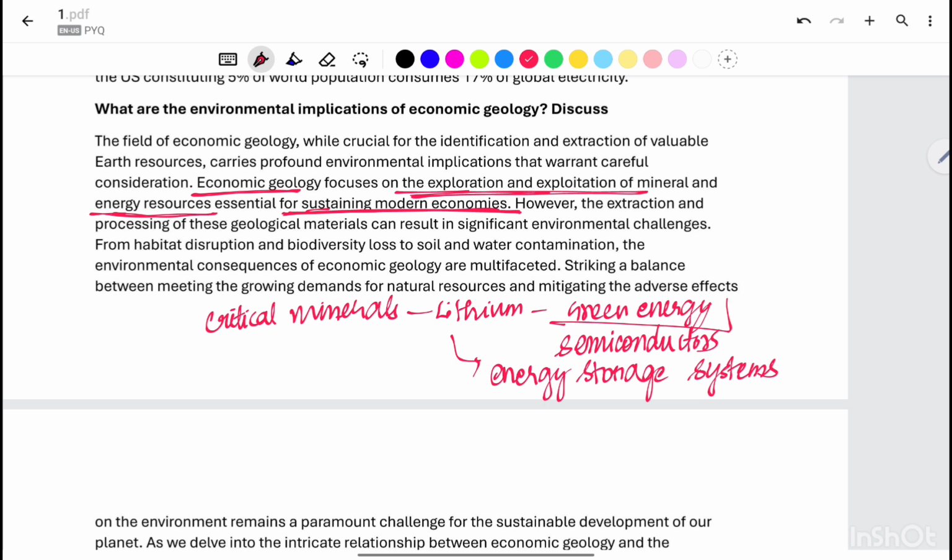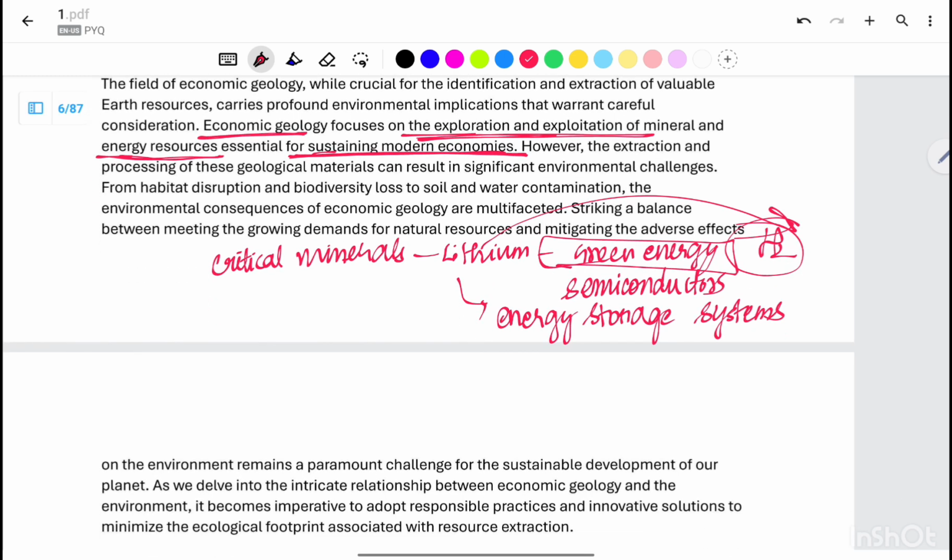For green energy, for the hydrogen engine, we need lithium batteries to store the electricity produced by hydrogen. However, the extraction and processing is going to cause environmental challenges, right?